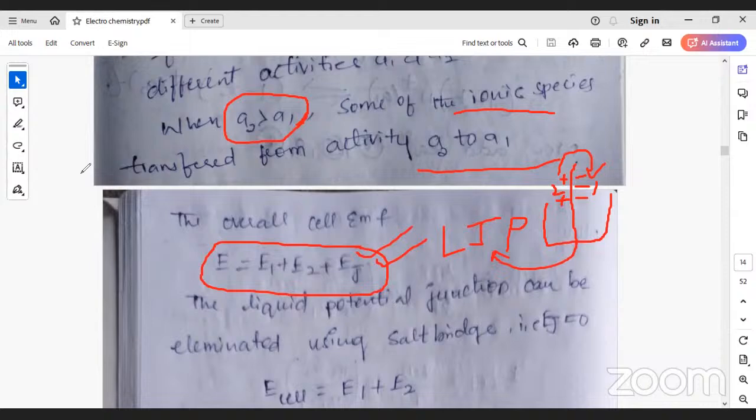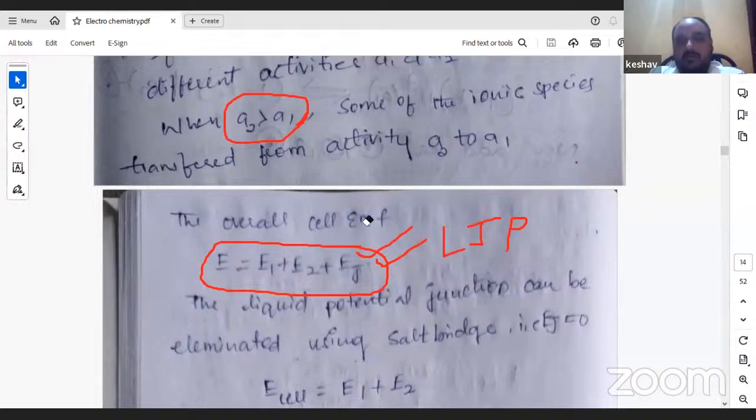Yes. Kindly one more time, sir. LJP, liquid junction potential. One more time. Sir. Right.